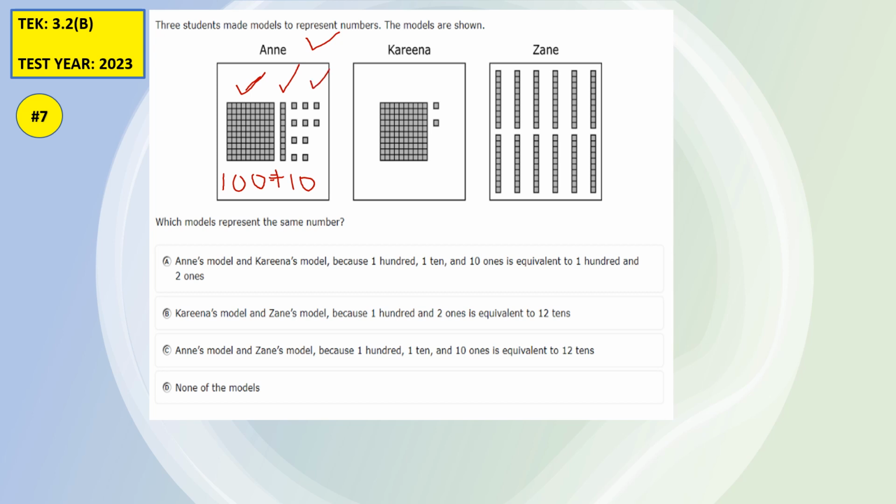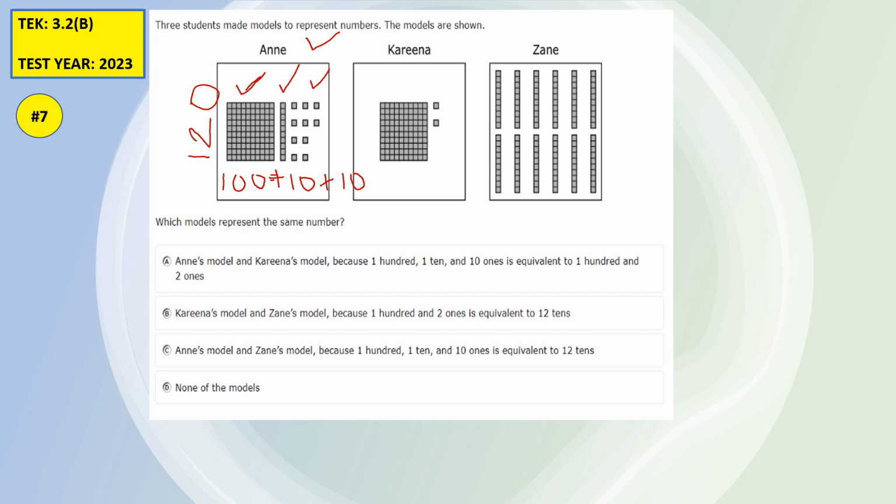And these are 1 units, or units of 1. And we have 1, 2, 3, 4, 5, 6, 7, 8, 9, 10 of those. So that means that model 1 that belongs to Anne is equivalent or equal to 120. So Anne's model is equal to 120.